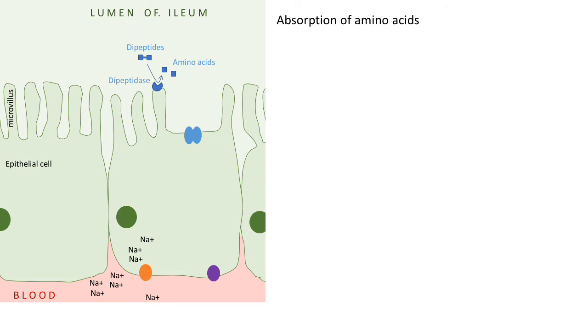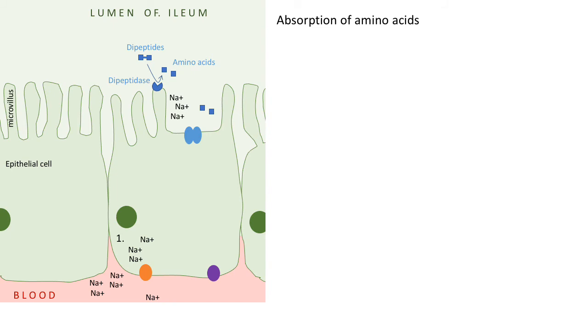The important thing is there are sodium ions in the lumen of the ileum, and obviously there are the amino acids that have been produced by digestion. So this process is the same as for absorption of monosaccharides. We looked at a specific example of glucose. So now we're just going to go through again for amino acids.